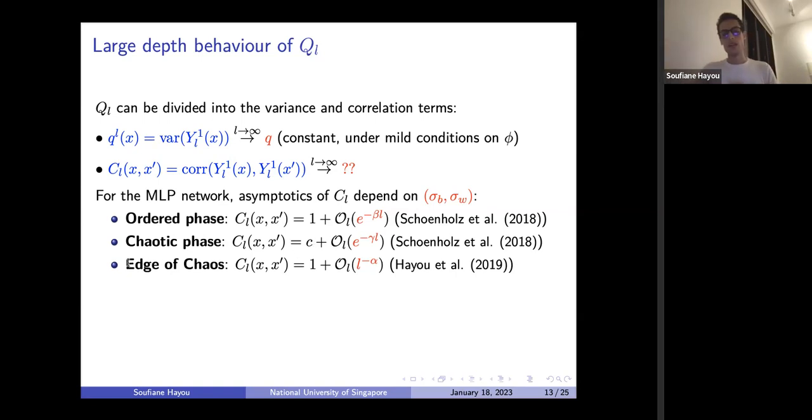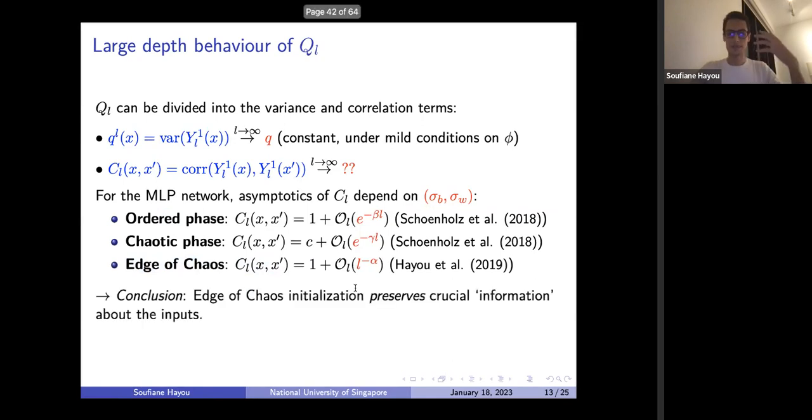Okay. For the third case, the edge of chaos, you still have the convergence to 1, but you can expect that, for the same number of layers, this correlation is closer. If you initialize with the ordered phase, you are much closer to 1 compared to if you initialize with the edge of chaos, right?